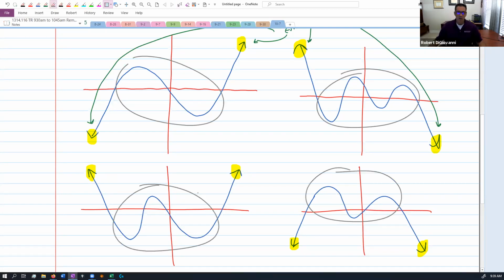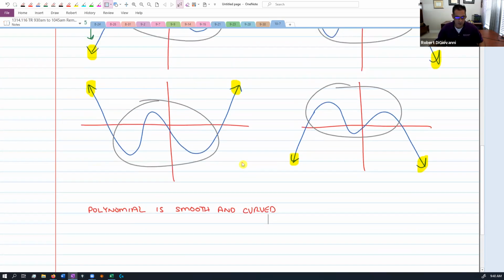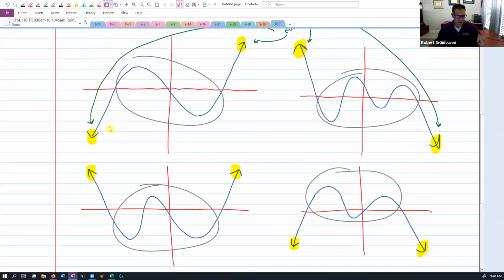So if we were to describe what a polynomial function is, when we look at it, a polynomial is smooth and curved. If you were to draw these, would you agree that these curves look smooth and curved? There are no straight lines here, no jagged edges.